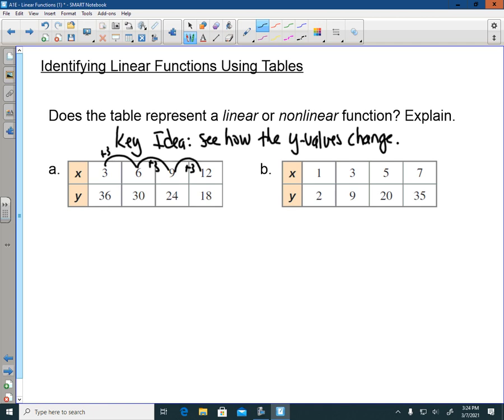So going from 36 to 30, we've subtracted 6, correct? Going from 30 to 24, we've also subtracted 6. Going from 24 to 18, we've also subtracted 6.